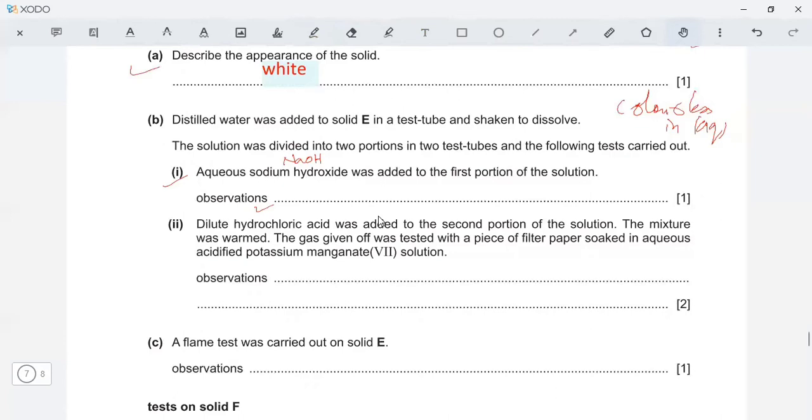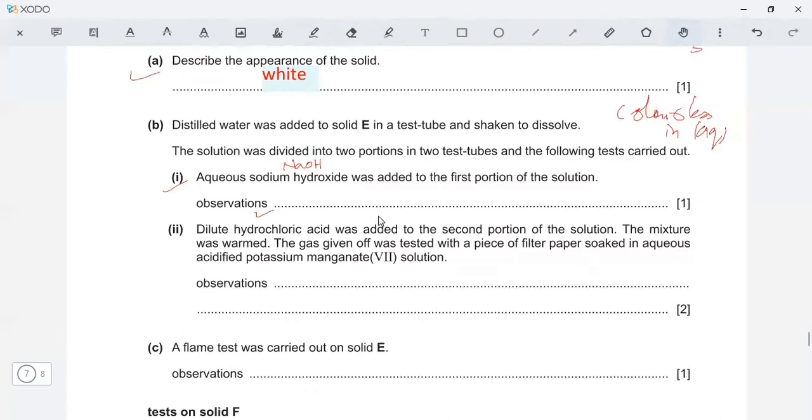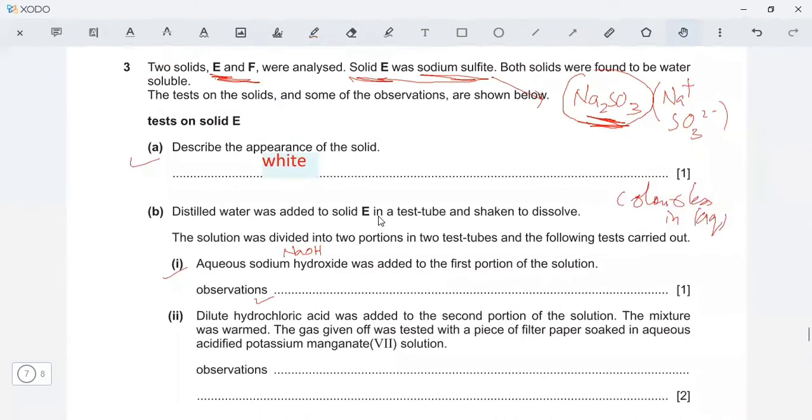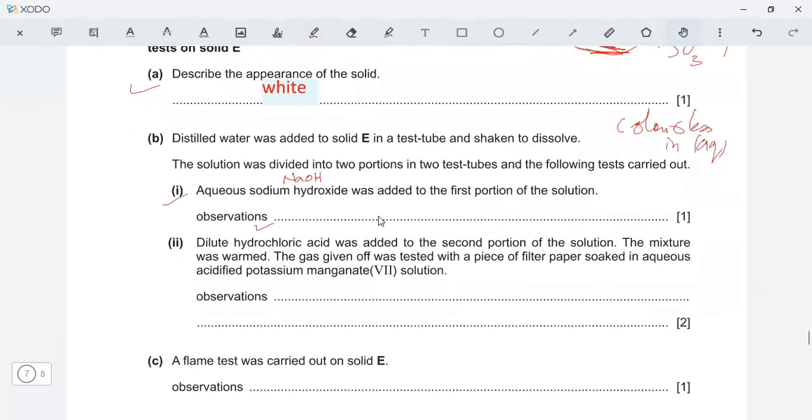Basically, in this compound you have the Na+ ion. Sodium sulfite is there, which means there is a cation Na+. And you have added sodium hydroxide, which again has Na+. So will this reaction take place? Do you observe any changes?